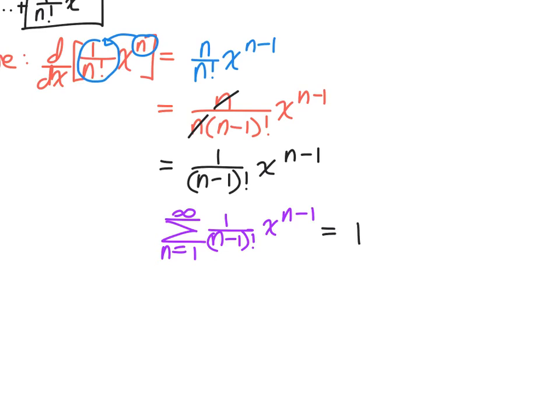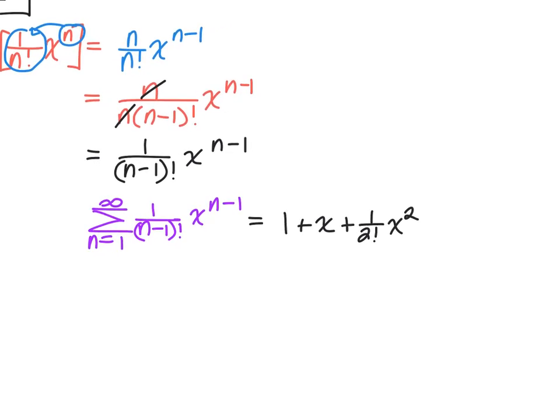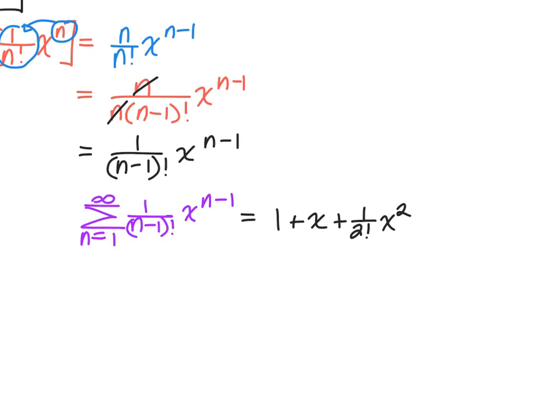If I plug in a 2, I'm going to get 1 over 1 factorial, which is 1, x to the 1st. If I plug in a 3, I'm going to get 1 over 2 factorial, x to the 2nd power. If I plug in a 4, I'm going to get 1 over 3 factorial, x to the 3rd power, and so on.